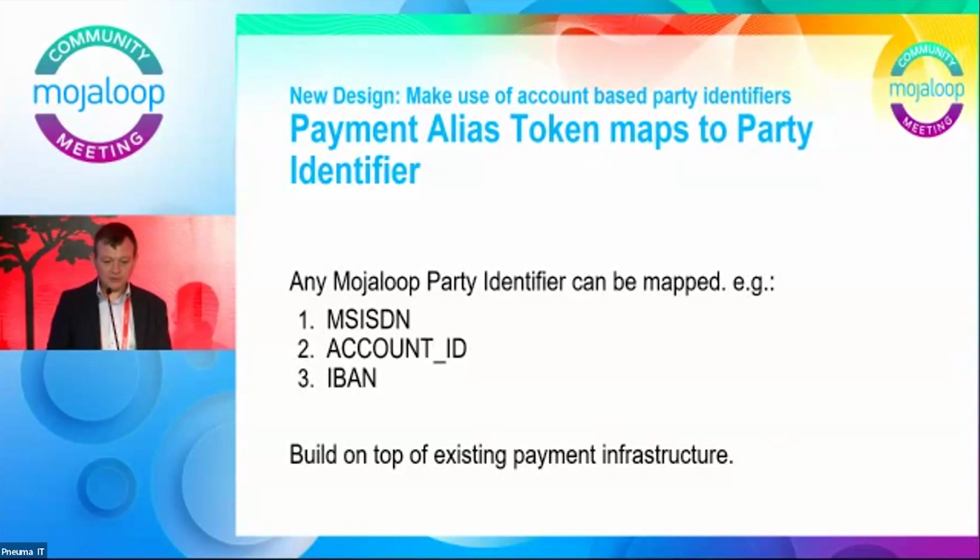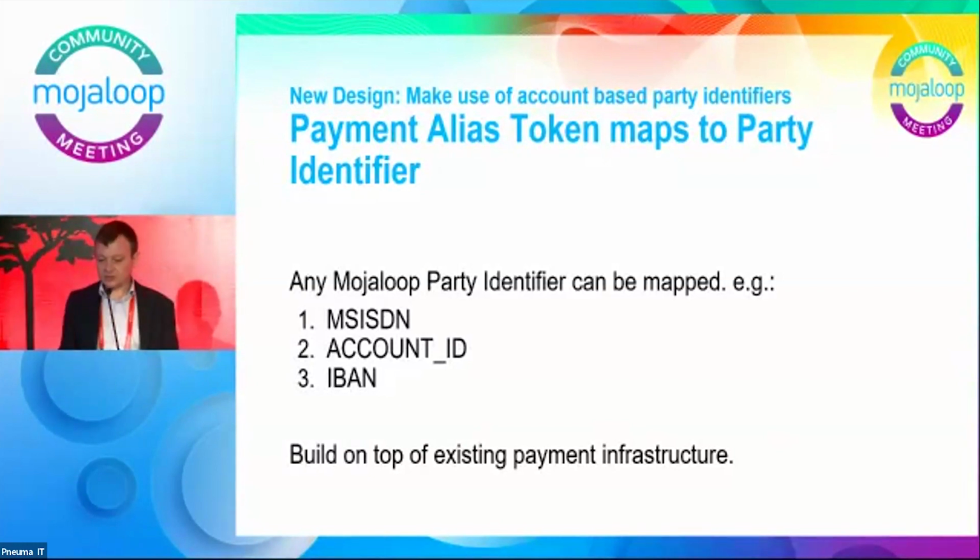The next part of this design is that we are layering the payment token alias on top of an existing payment token inside Mojaloop. The reason we're doing that is some tokens are easy to put in place because they work with bank accounts and relate to more traditional payment infrastructure.